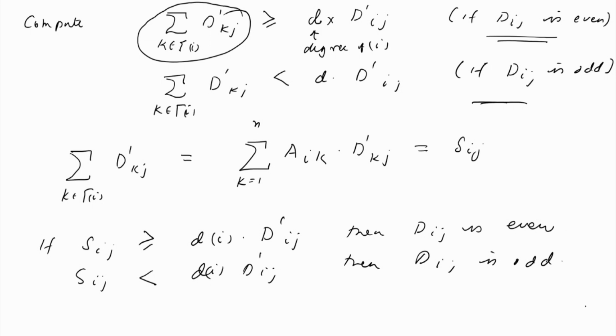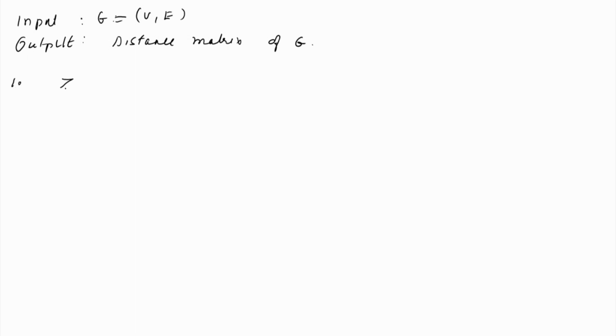We will write down the algorithm. This is a deterministic algorithm to determine the distances. We will start off with the input, which is a graph G, and the output will be the distance matrix of G. First, we compute Z equal to A squared.